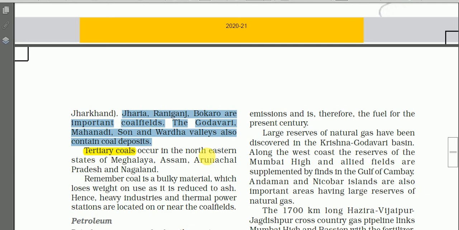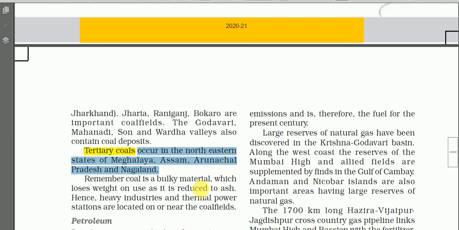Then about the Tertiary coals. The inferior quality ones occur in the northeastern states of Meghalaya, Assam, Arunachal Pradesh, and Nagaland. So these are the places where tertiary coals are found.